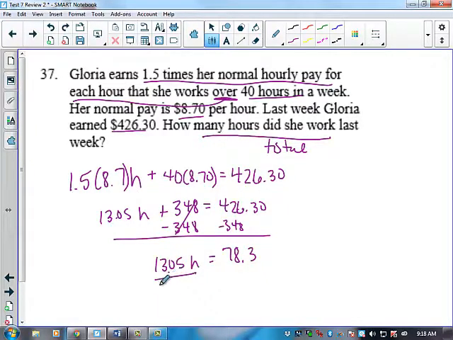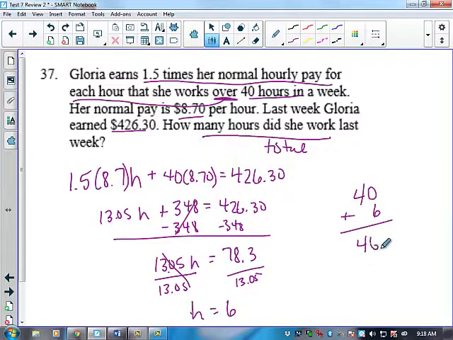I'm going to divide by 13.05 on both sides. So H is equal to 6. This is her overtime hours, remember? She already worked these 40, so you have the 40 plus the 6 is 46 hours that she worked that week.